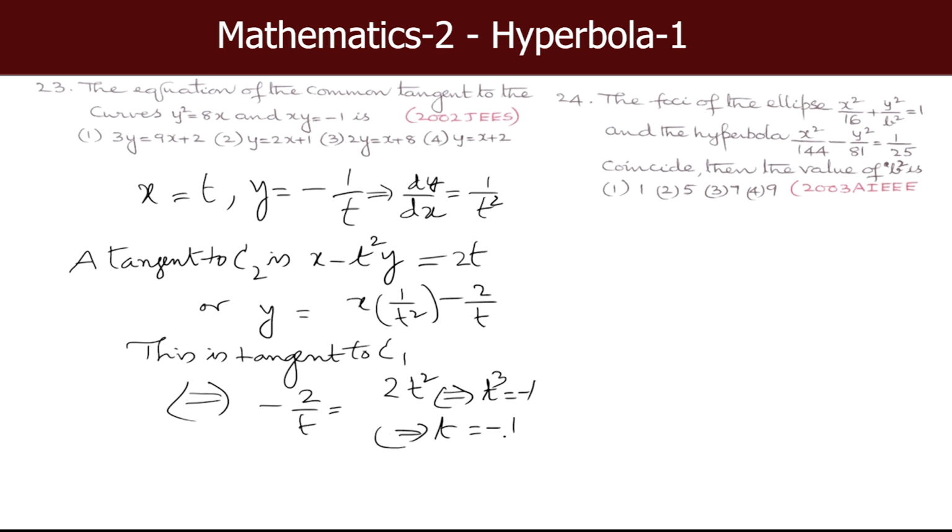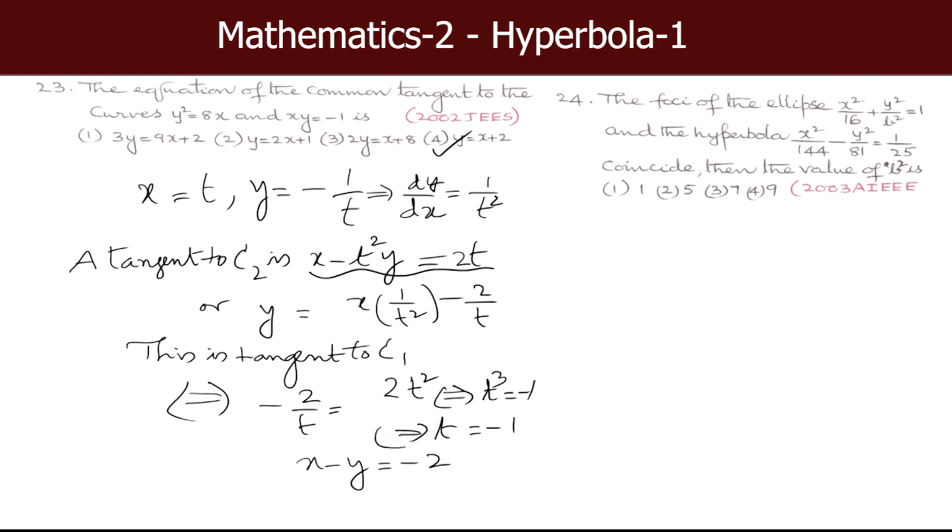So, for the value of t equal to minus 1, this gives the common tangent, which is therefore x minus y equal to minus 2, or y equal to x plus 2, which is the last option.